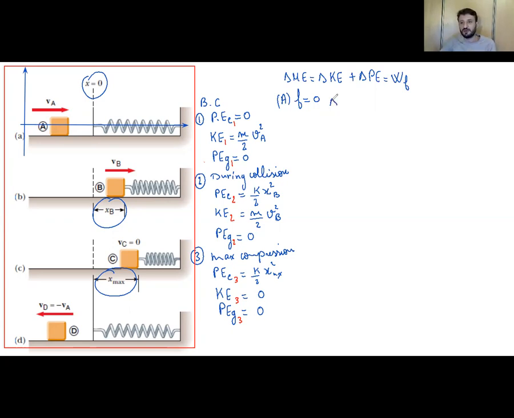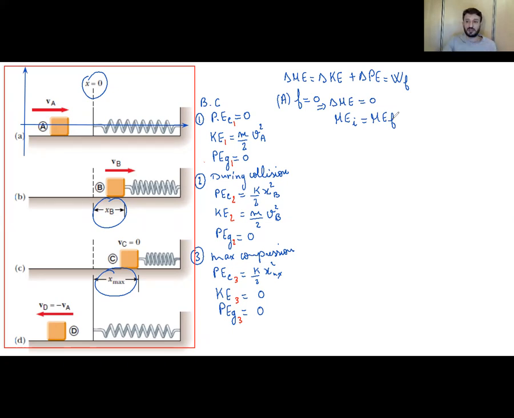So delta mechanical energy equals 0, and ME initial equals ME final. When I say initial and final, I mean at any state: it can be 1, 2 or 3.